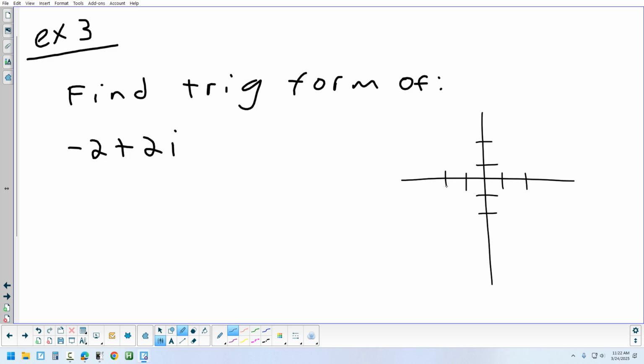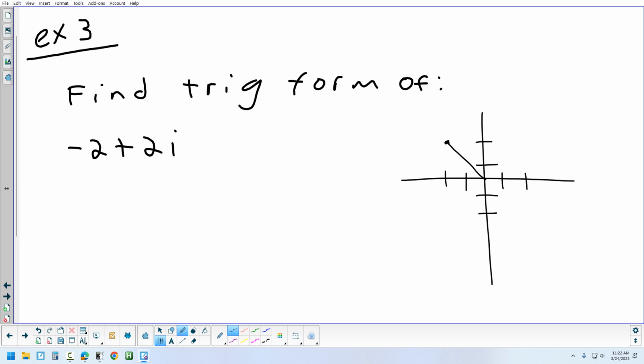Where is -2 plus 2i? Left 2, up 2. This is why I showed you guys how to graph, because it's important to know the quadrant. Because the formula for theta is going to depend on the quadrant.